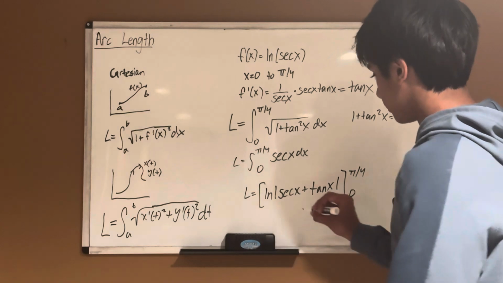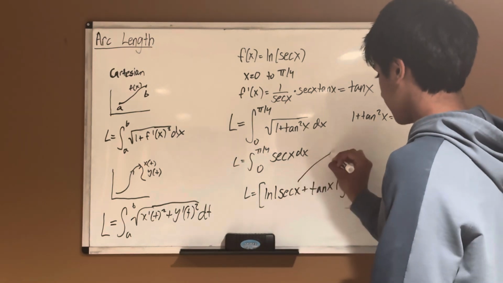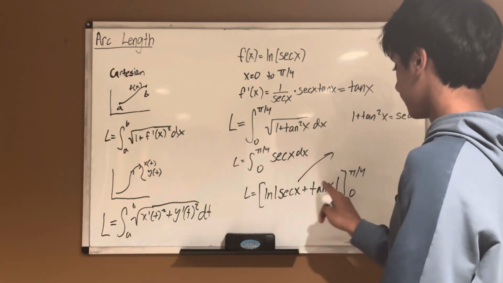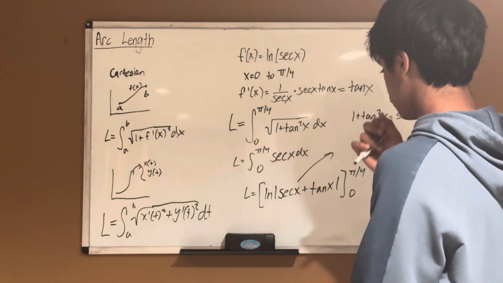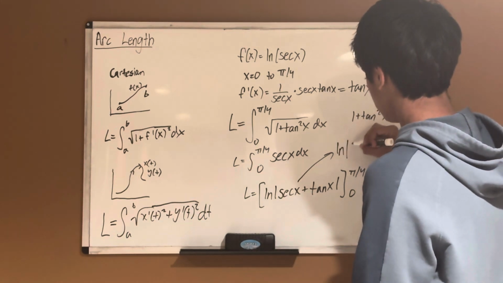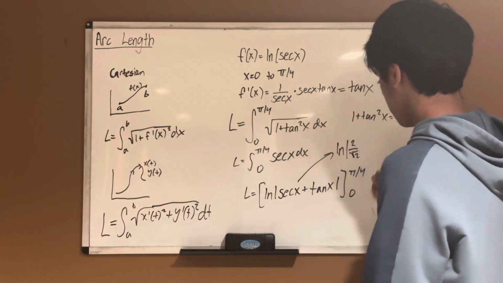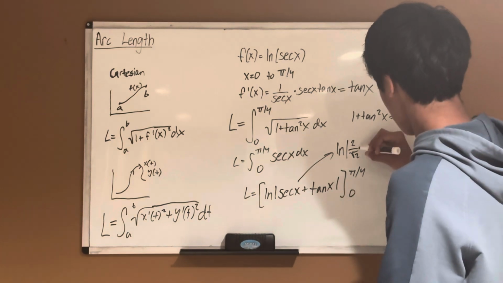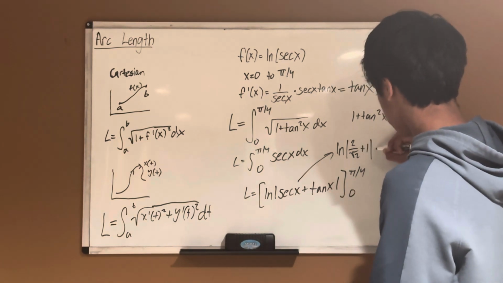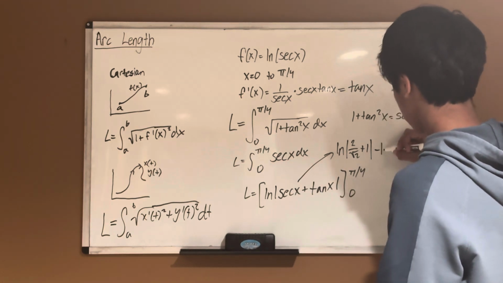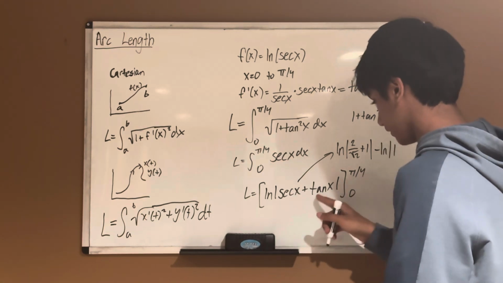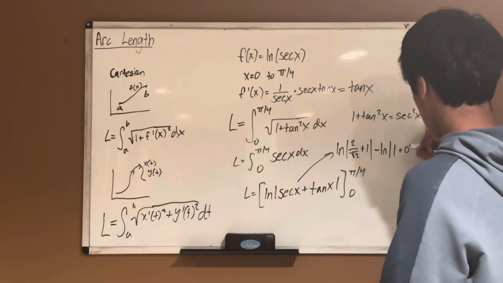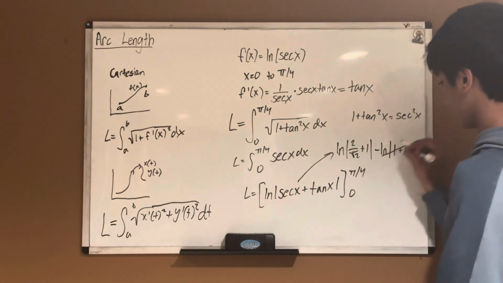And now we can just plug it in. Secant of pi over 4 is square root of 2, so ln of square root of 2, and tangent of pi over 4 is just 1. Minus secant of 0 is just 1, and tangent of 0 is 0, so ln of 1 just becomes 0.